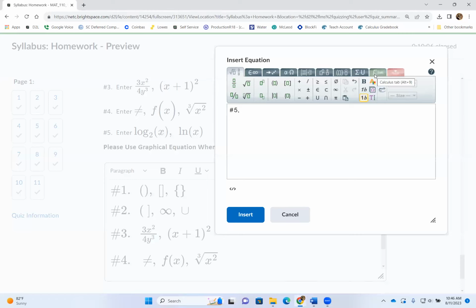I think it's on the very last tab. Log with the base 2 of x: use this one, log with the base 2, and inside the parenthesis x, comma. This is ln. You can type in ln or you can use this one right here, ln of x.